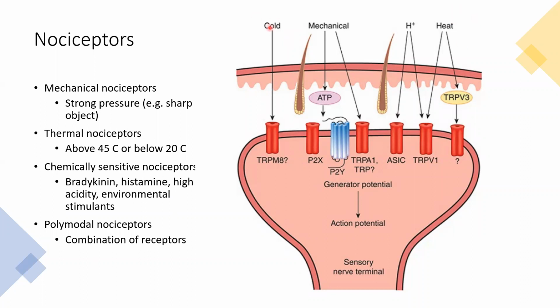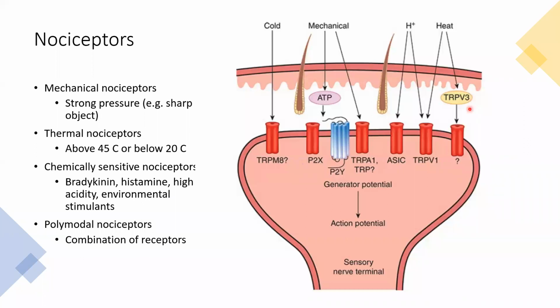You notice that thermal, either cold, less than 20, or heat greater than 45 degrees Celsius, will stimulate this receptor, your TRPM8 receptor and your TRPV3 receptor.